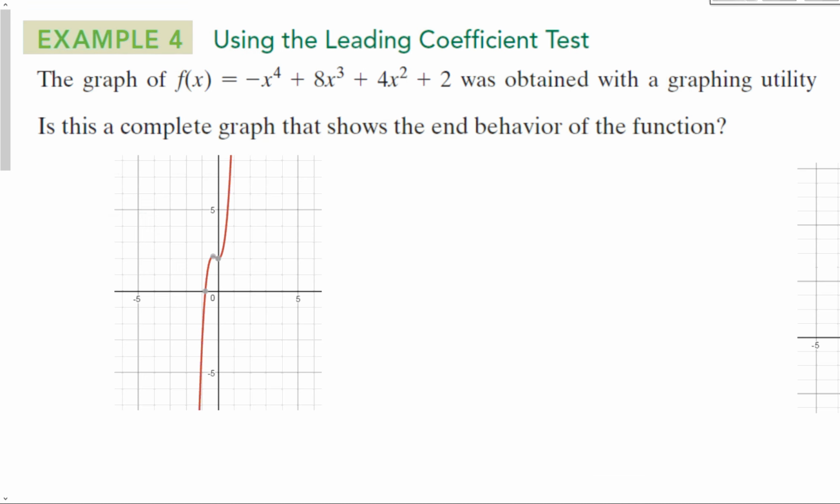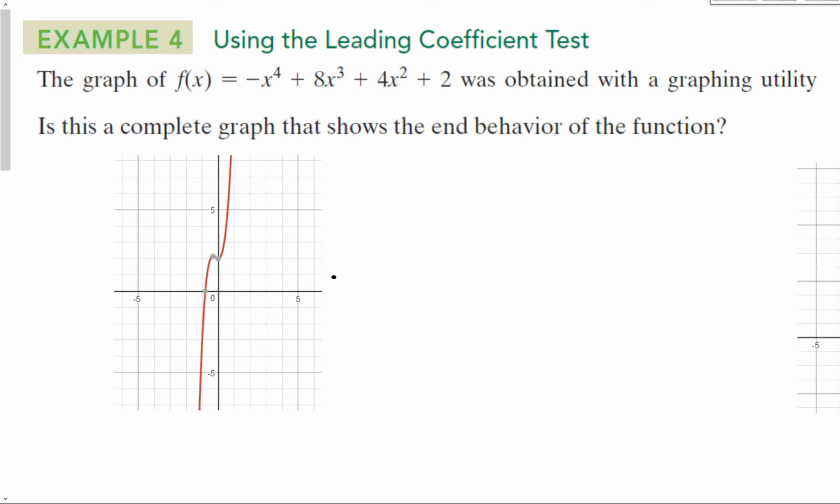Okay, only one problem for that. The graph of f of x equals negative x to the fourth power plus 8x to the third plus 4x plus 2 was obtained with a graphing utility, in this case, Desmos. Is this a complete graph that shows the end behavior of the function?